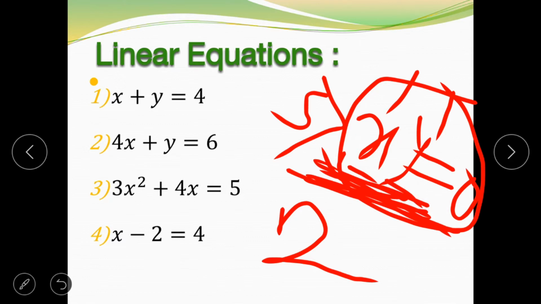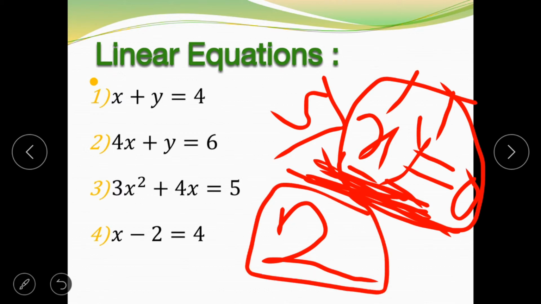If the variables are in product form, then we have to add their powers, and the sum of those powers is the degree. So this equation has degree 2. It means this example number 5 is not a linear equation.